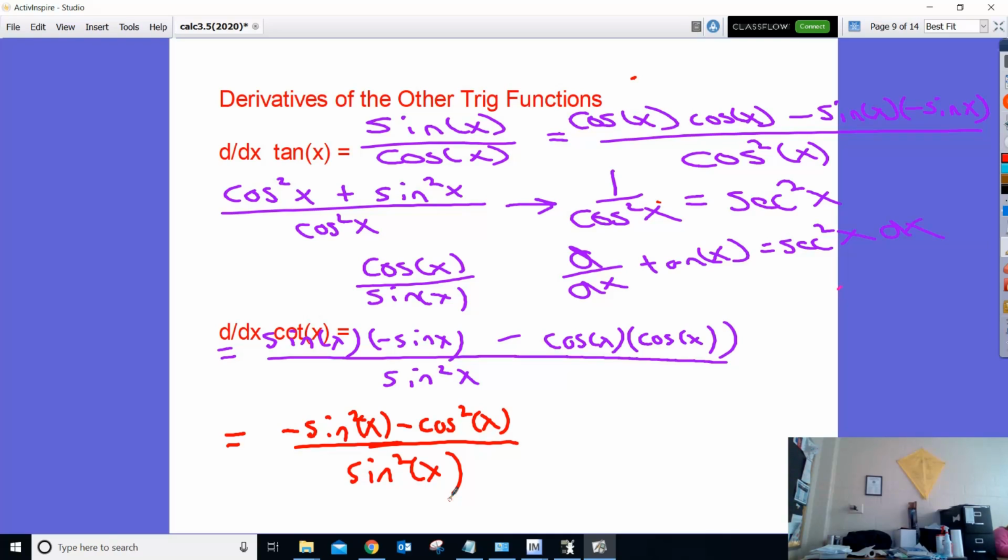That top piece looks oh so close to something, if only those two things are positive. Well, how do you make them positive? Well, factor out a negative 1, right?